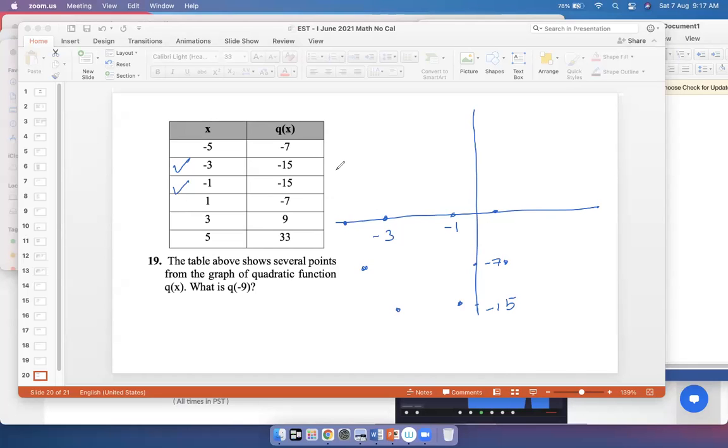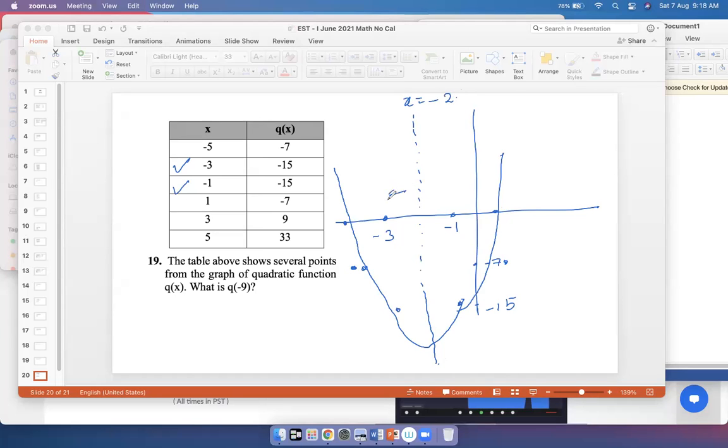So it would look something like this. So I can see that my graph will be symmetrical around x equal to negative 2.